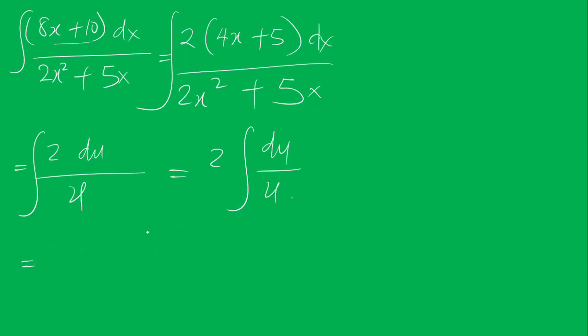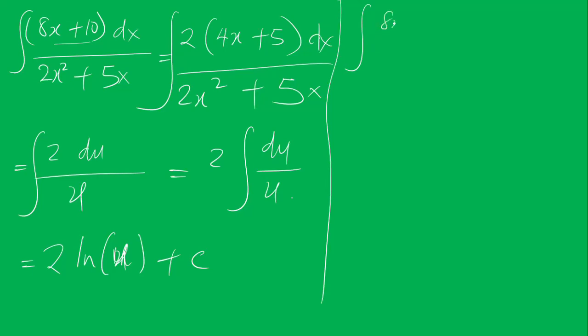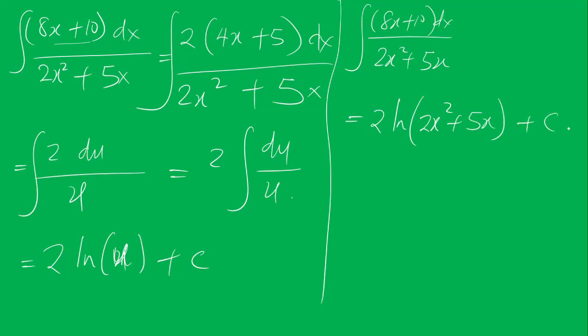Integrating this, you have 2 natural log of u plus c. So the integral of 8x plus 10 dx divided by 2x squared plus 5x will now be equal to 2 natural log of (2x squared plus 5x) plus c, constant.